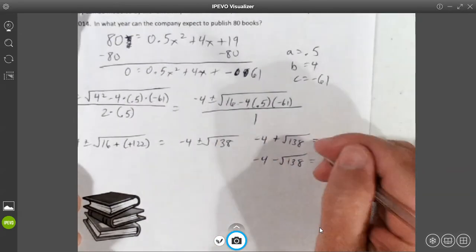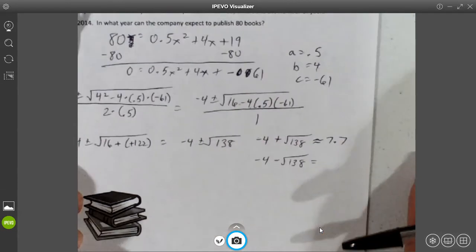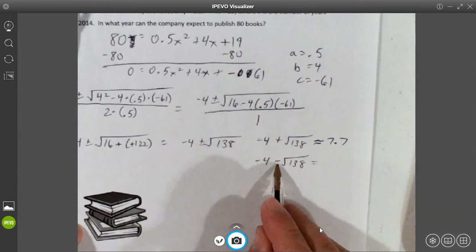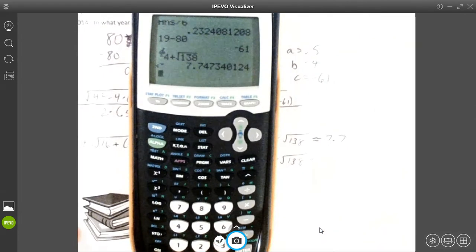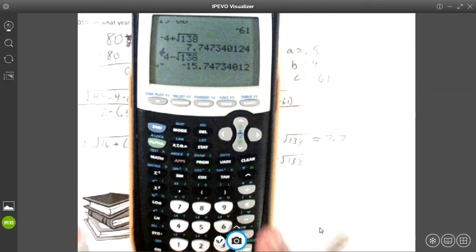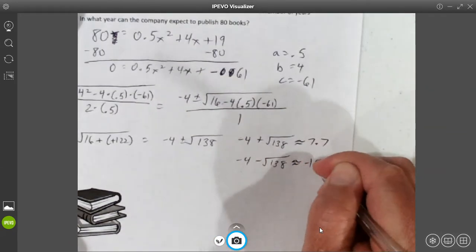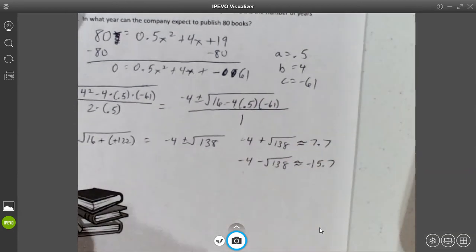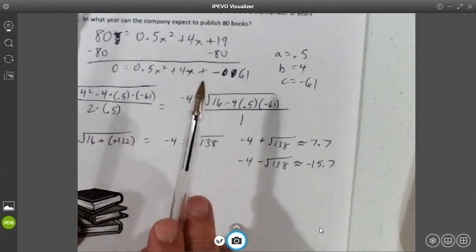And -4 minus the square root of 138 is about -15 7/10.